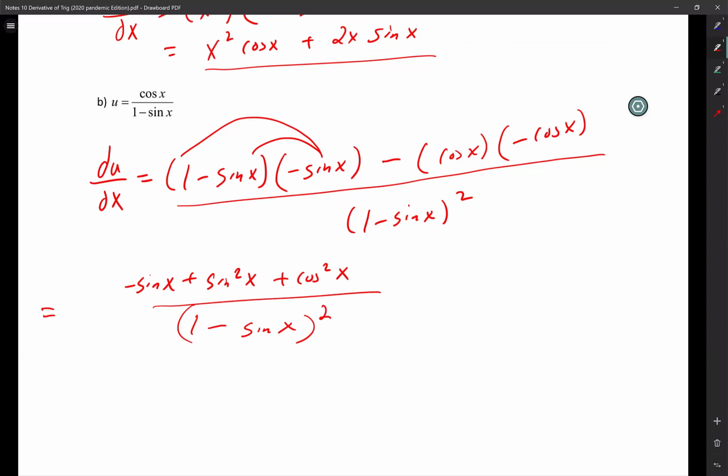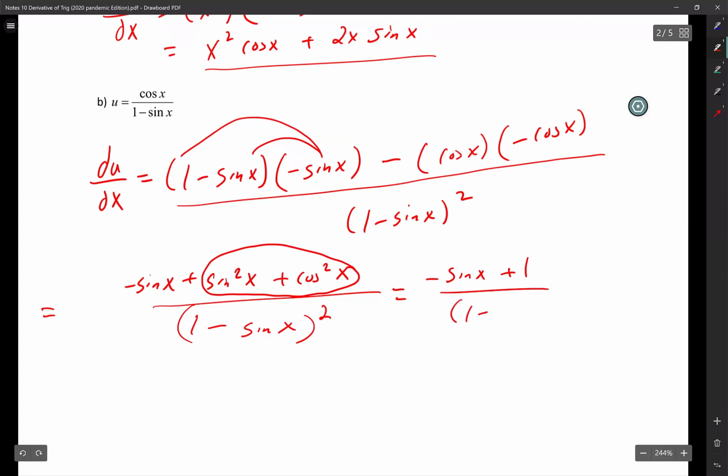All right, next. What is sine squared plus cosine squared? That's 1. Negative sine x plus 1 over (1 minus sine x) squared. Does there look like there's something that I can do here? It looks funky. Yeah, guys, look, rewrite the top.